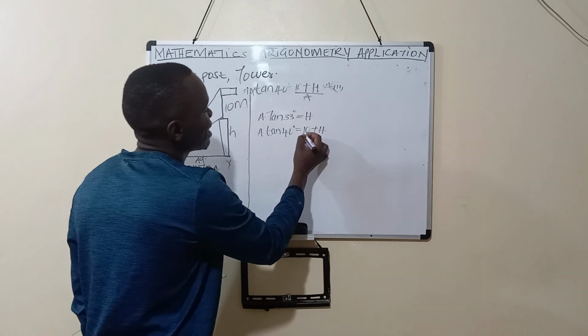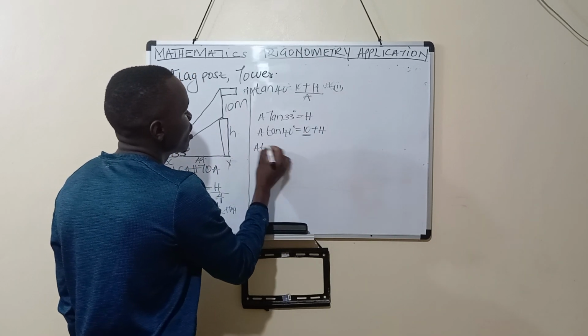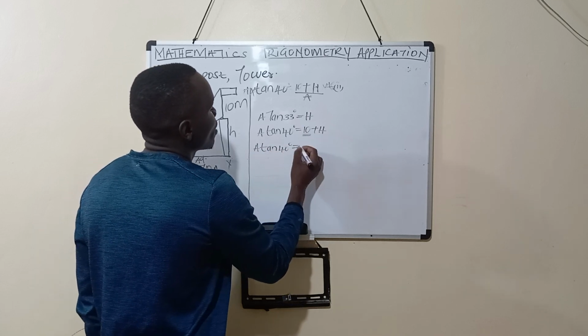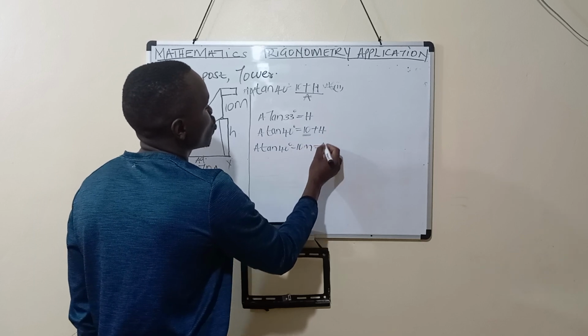So 10 is taken to the other side, and we have A tan 40 degrees minus 10 meters equals height.